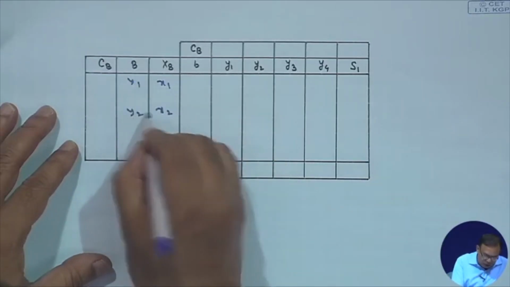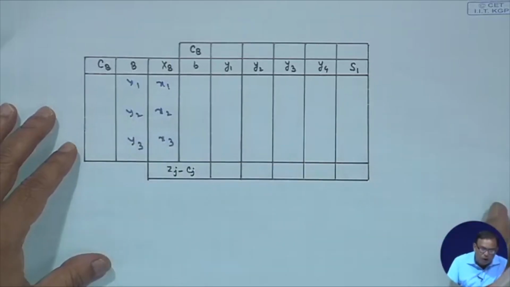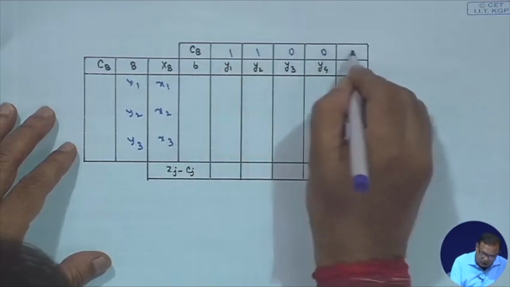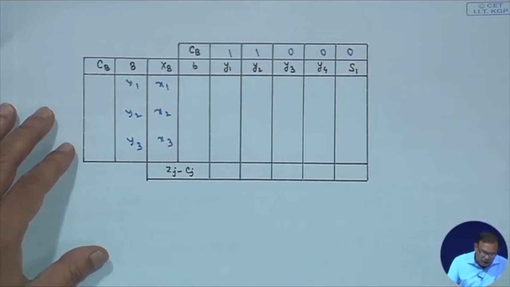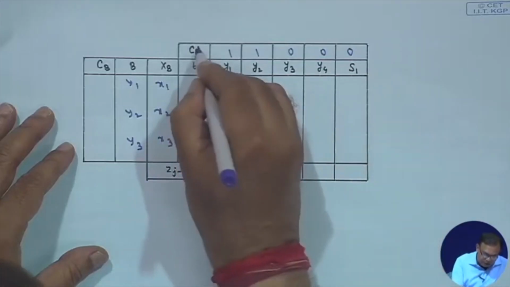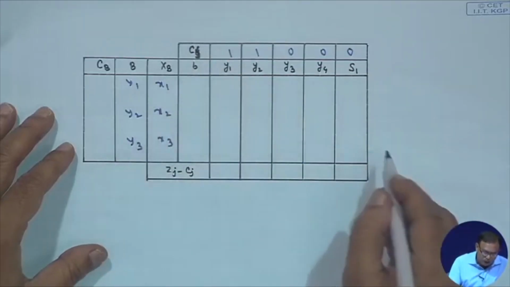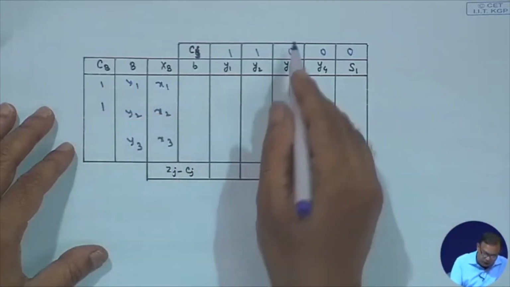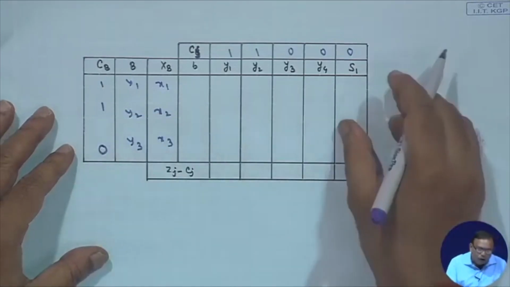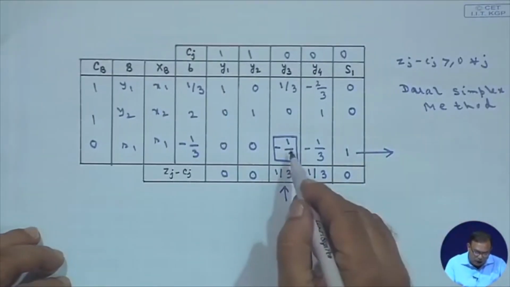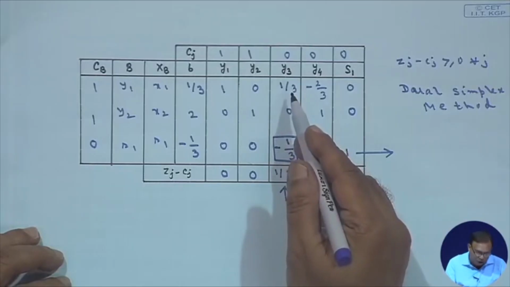This will be y1, y2 and y3. Your Cj values will remain as they are, 1, 1, 0, 0, 0, and Cb values in this case will be 1, 1, and corresponding to x3 it is 0. So, basically I have to make these as 1 and these elements as 0.